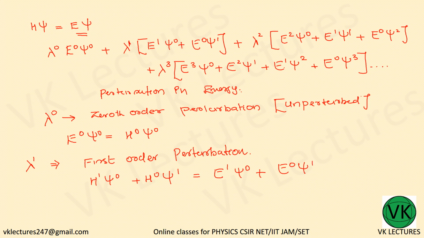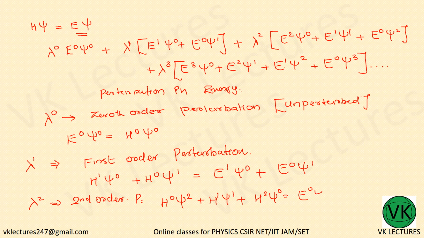Now similarly lambda square gives the second order perturbation. We can write H naught psi 2 plus H1 psi 1 plus H2 psi naught equal to E naught psi 2 plus E1 psi 1 plus E2 psi naught. So this is the second order perturbation.